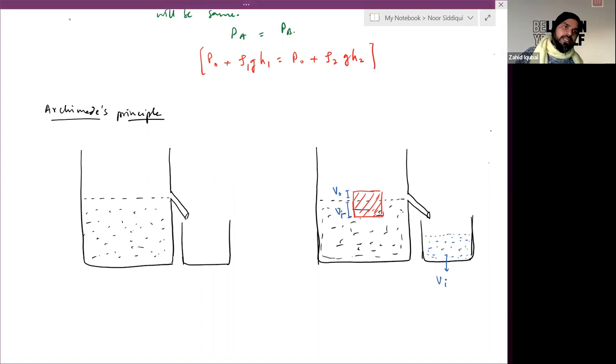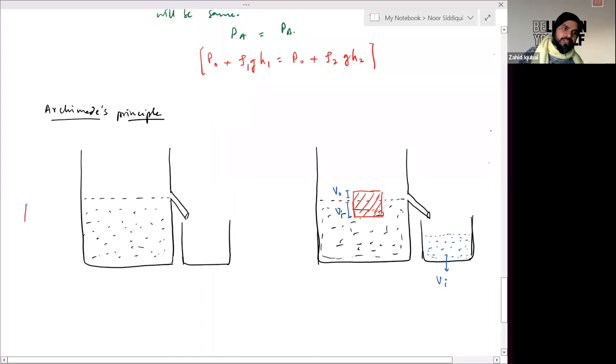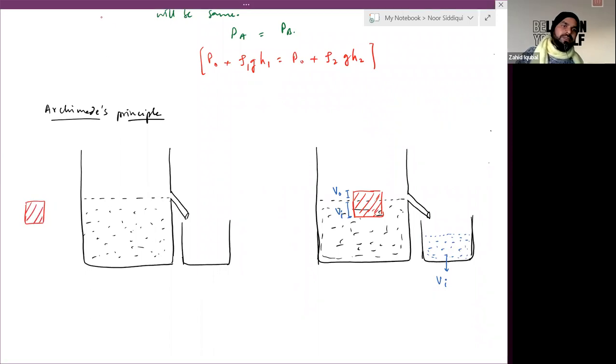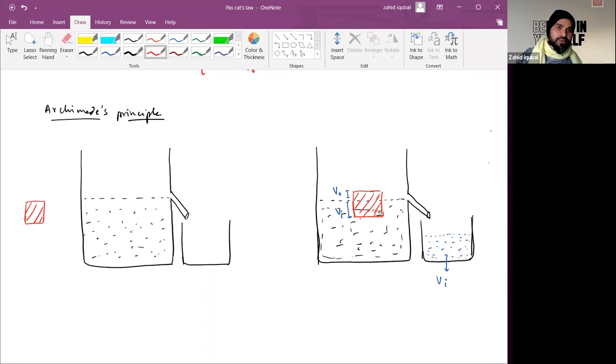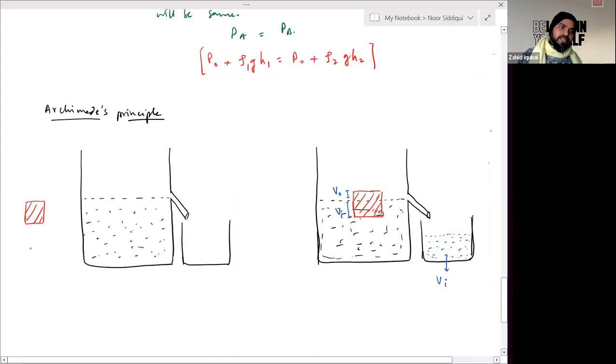Now, initially, when the object was in air, it must be experiencing some downward force due to gravity. So the weight of the object in air will be mass times gravity. Converting mass in terms of density, it will be rho times total volume times gravity. But now there is some decrease in its weight in this liquid.